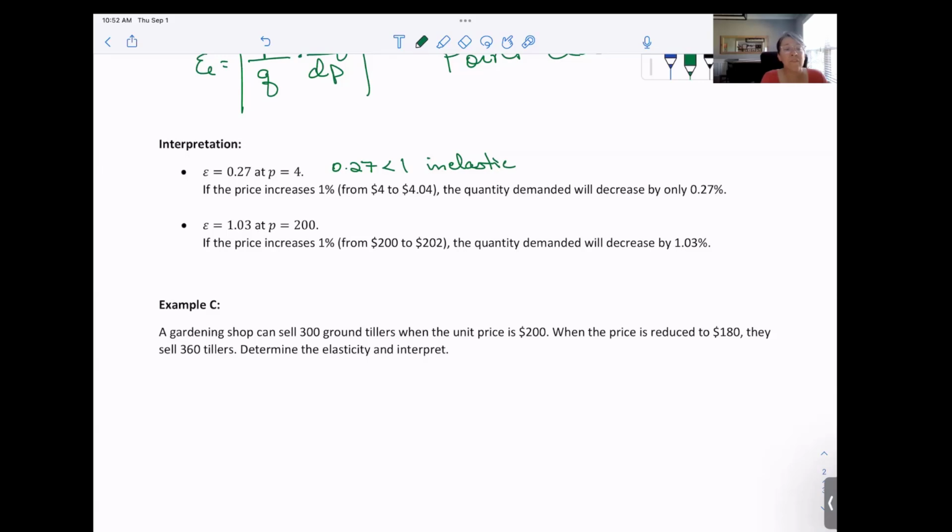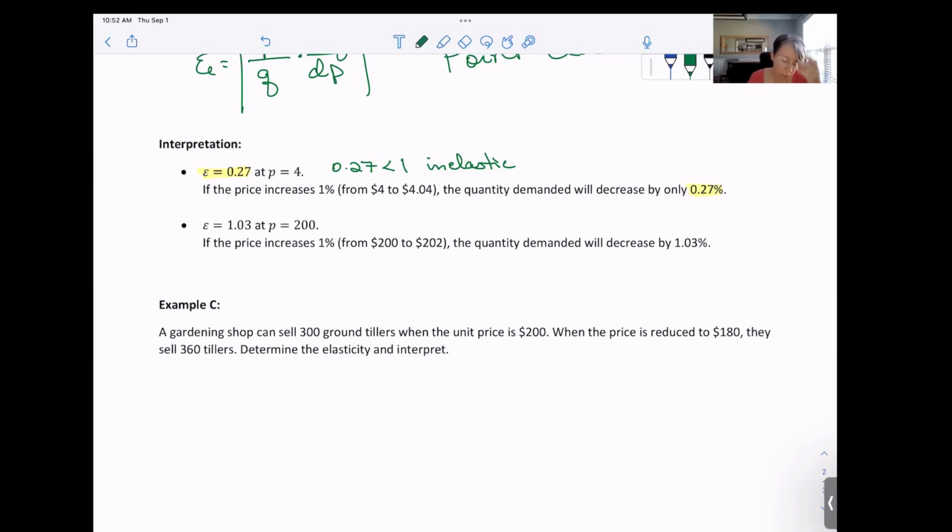So if the price increases 1%, from $4 to $4.04, the quantity demanded will decrease by only 0.27%. Notice this elasticity is not the percentage in decimal form, it is the percent, so you don't have to move the decimal when interpreting it.